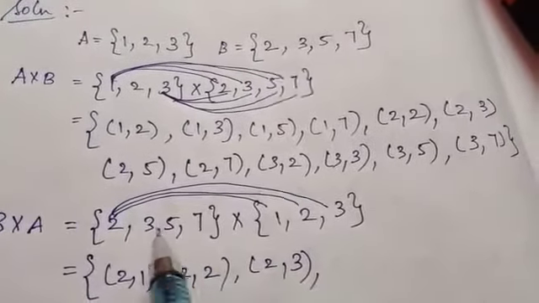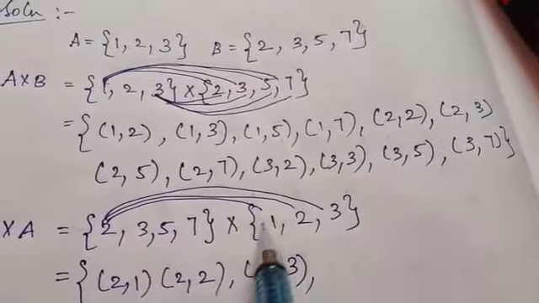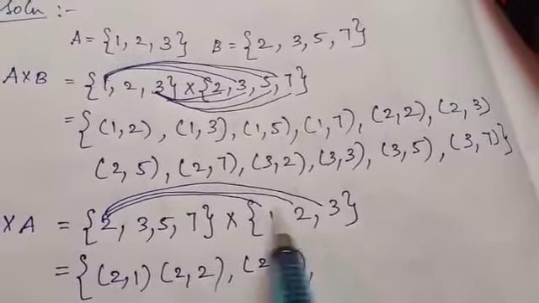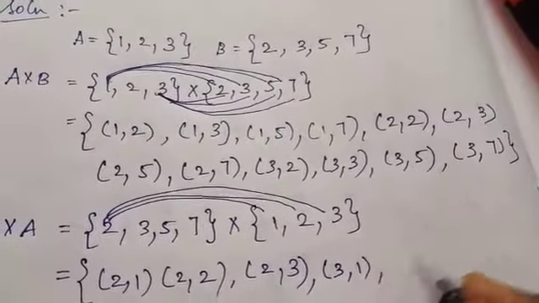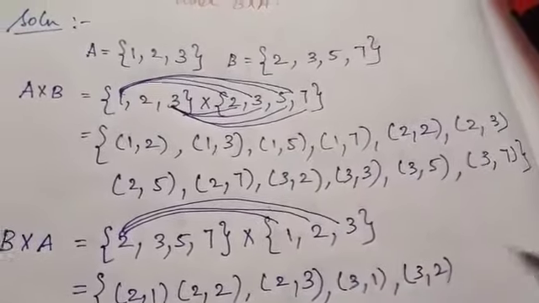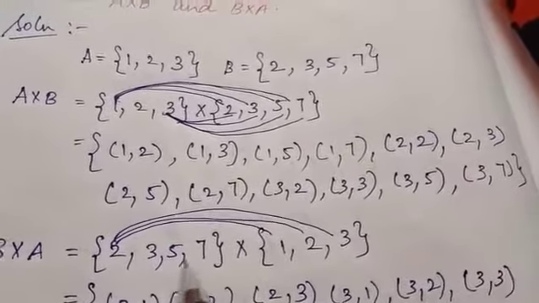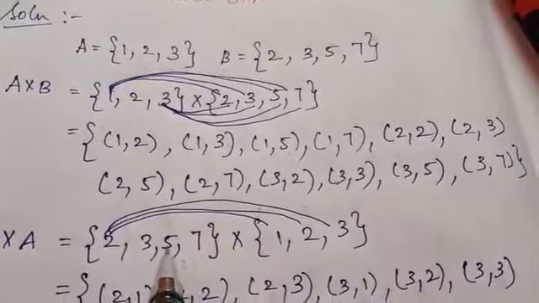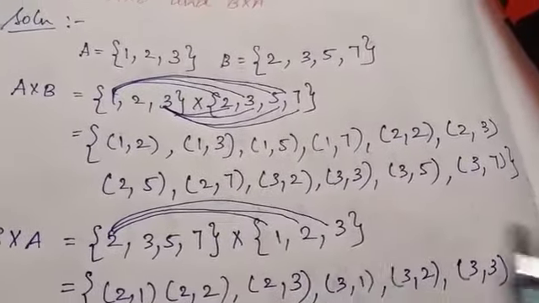In the same way, for 3 we are going to pair: (3, 1), (3, 2), (3, 3). Next, for 5: (5, 1), (5, 2) and (5, 3).